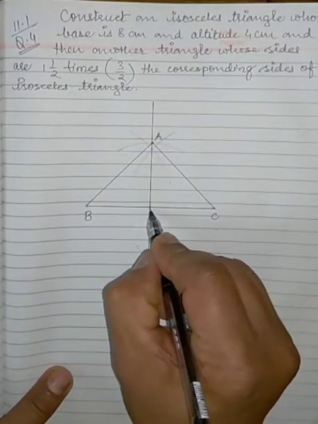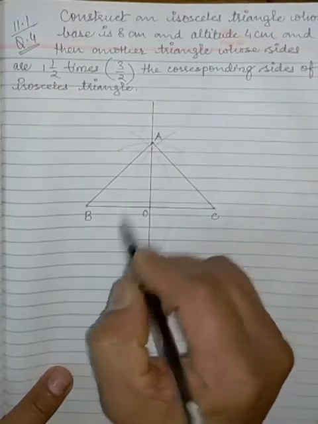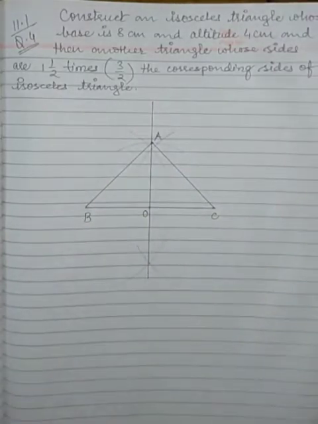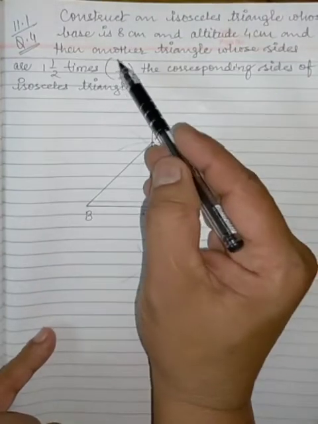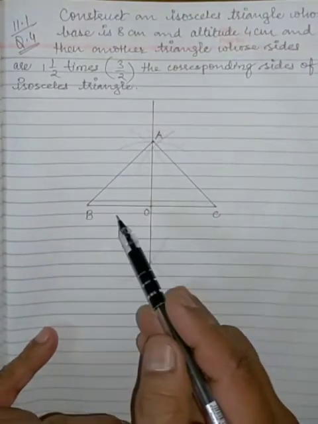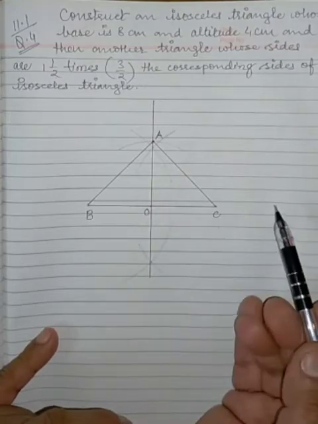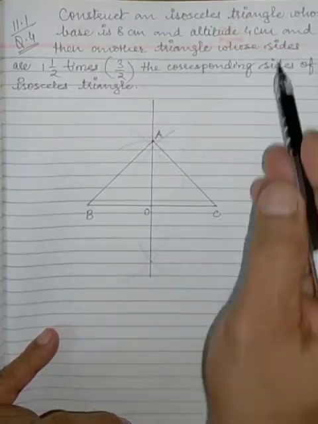And here we get our required isosceles triangle with the base 8 cm and the altitude 4 cm. Let me take a point here, O, so that AO is equal to 4 cm. Now to construct the triangle for the given ratio 3:2, as we know, if the numerator is greater than the denominator, then the similar triangle which we construct will be outside the original triangle.